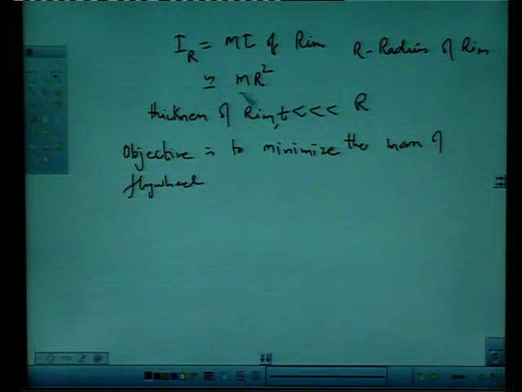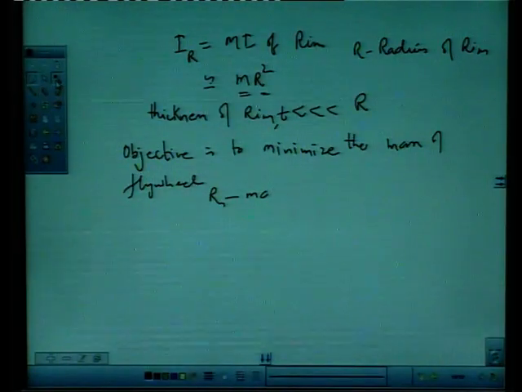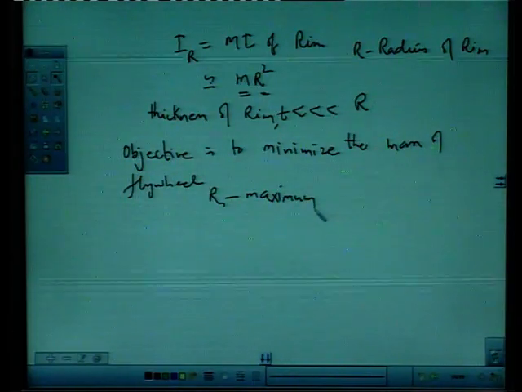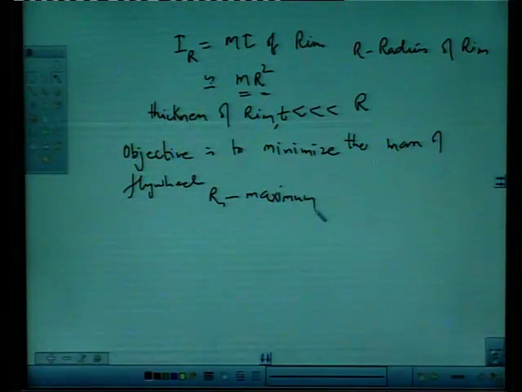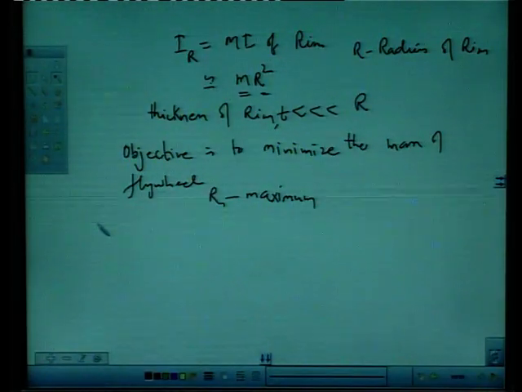This mass can be reduced by selecting the radius r as maximum. By selecting the maximum radius we can minimize the mass of the flywheel. Now, how can we select the maximum radius? This maximum radius has some limiting value.